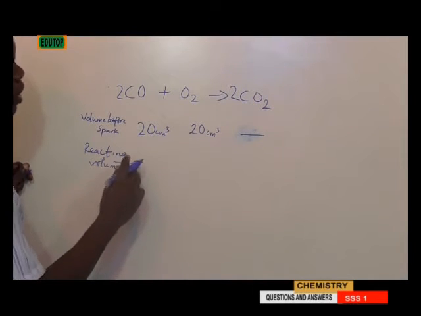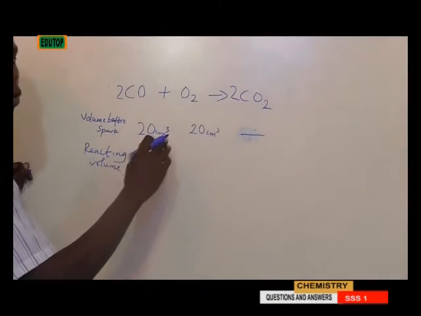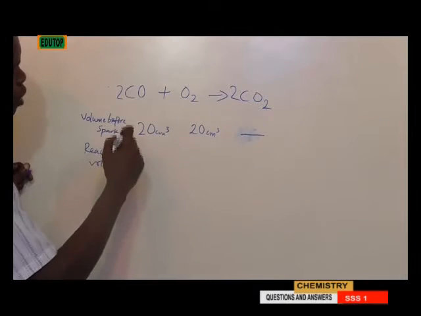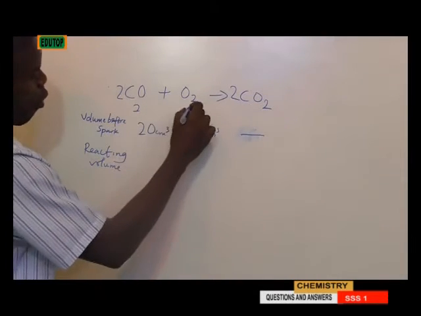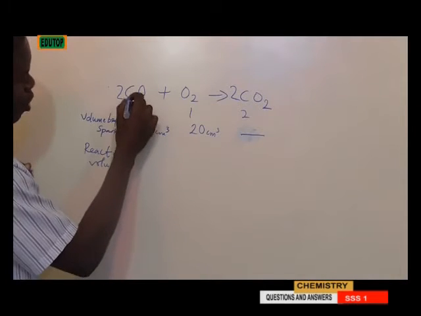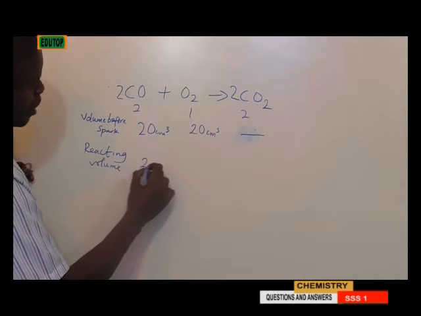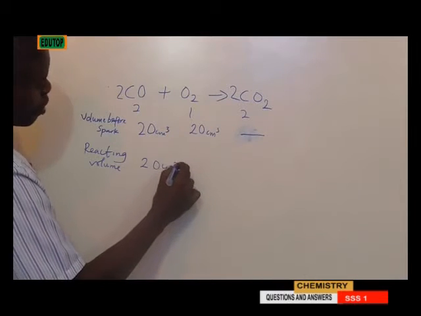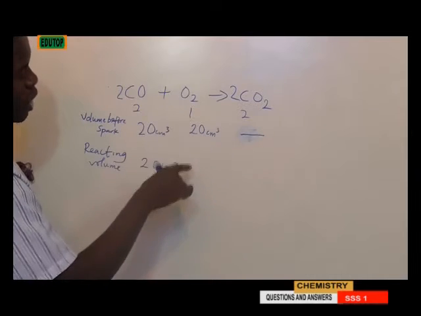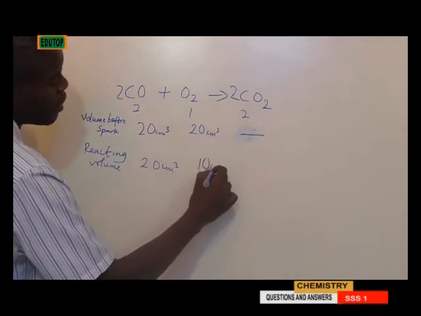Reacting volume is based on the number of moles of each compound or molecule: 2, 1, 2. Reacting volume for CO, carbon(II) oxide, is 20 cm³. Based on the 2:1 ratio, the reacting volume for oxygen will definitely be 10 cm³.